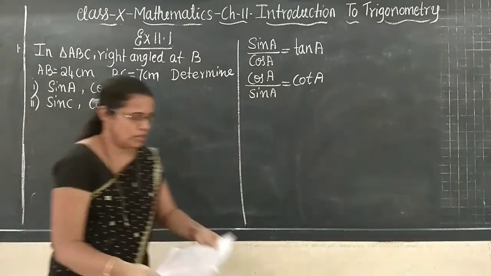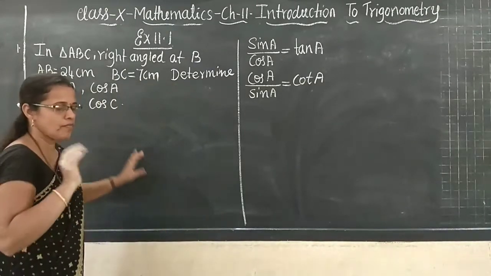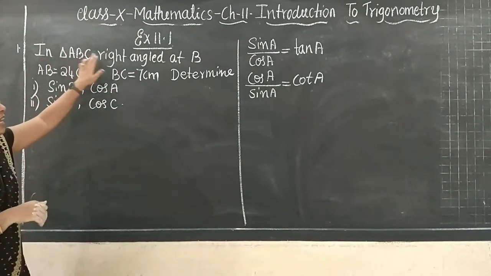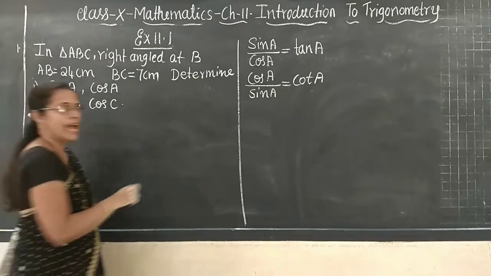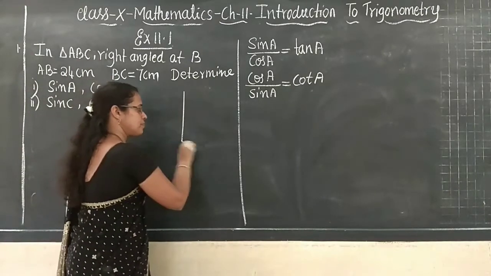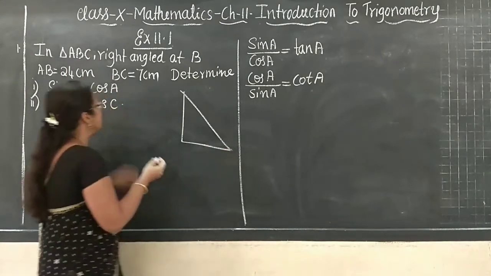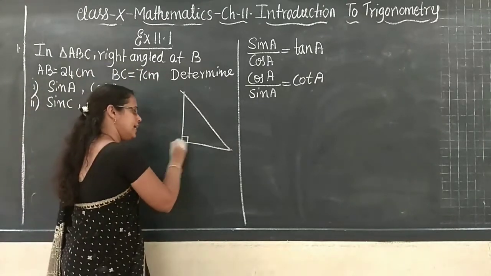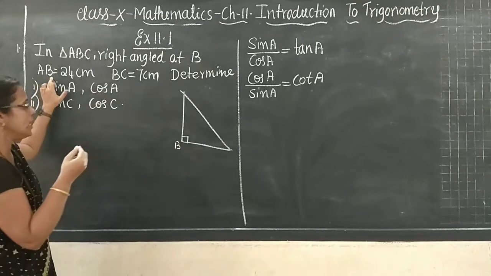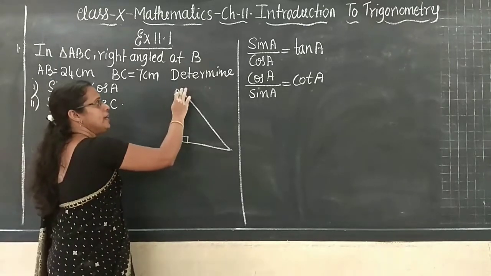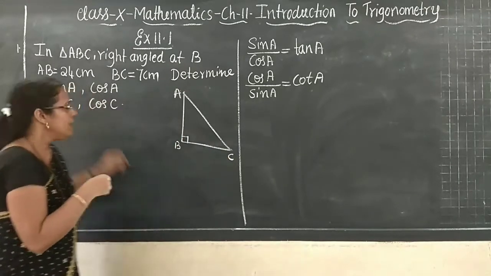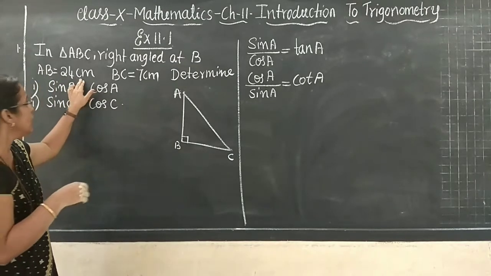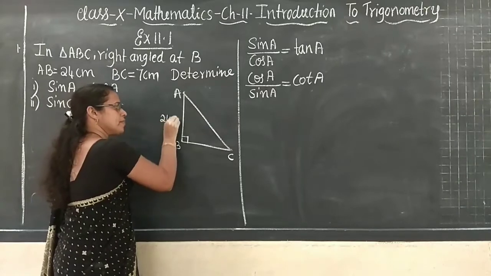Okay, so now the figure is not given, you have to draw the figure. In triangle ABC, you have to draw the triangle ABC. Right angle at B means this will become A, this will become C. AB is how much? 24 centimeter.